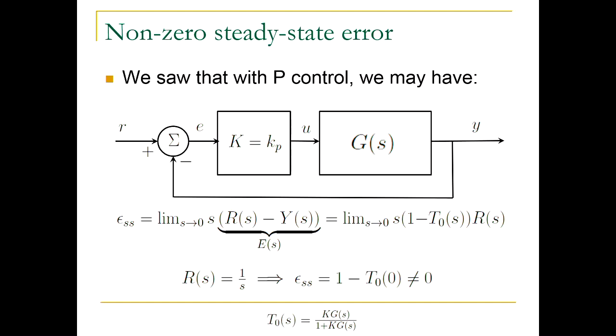Well, this in general would not be equal to 1. K can be anything, G at 0 can be anything. It's an arbitrary plant. So in general, you cannot expect that T at 0 would be exactly equal to 1. If it happens to be exactly 1, you will have zero steady state error. But often it's not.